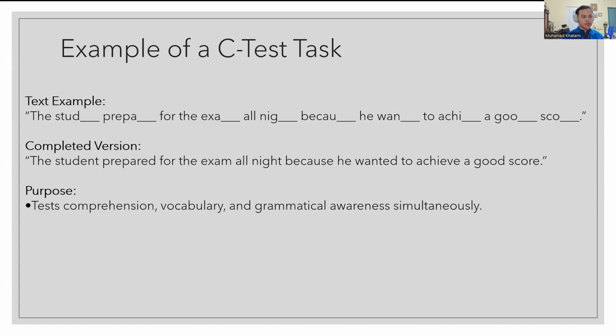So, as we just saw, the C-test tests the students for comprehension, vocabulary, and grammatical awareness simultaneously.